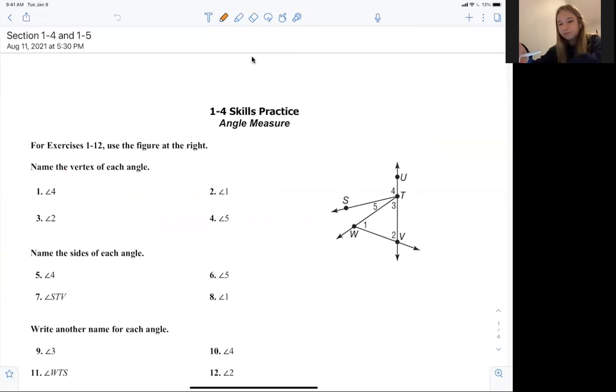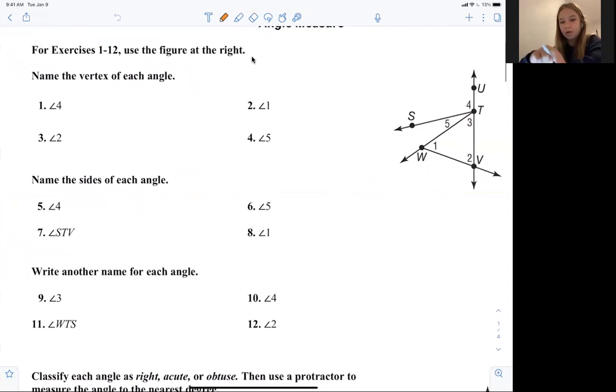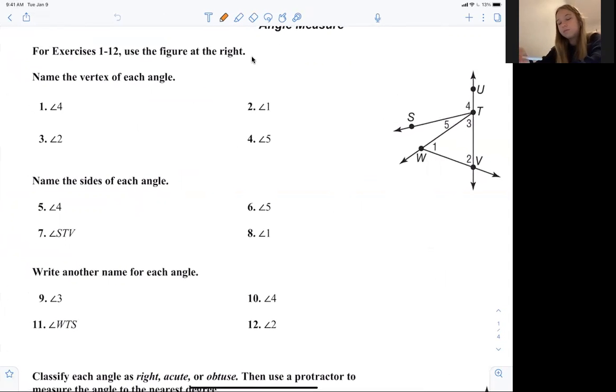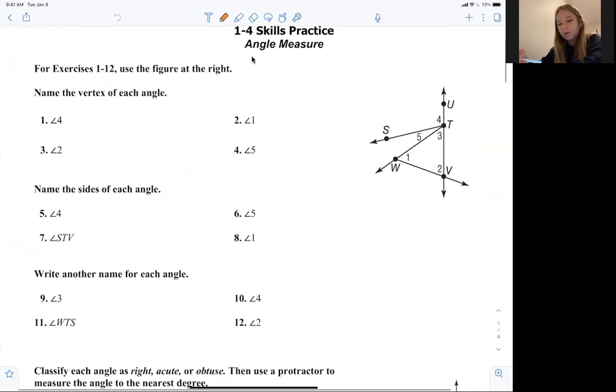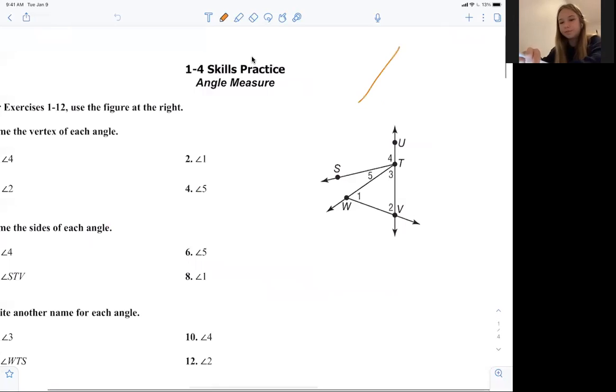All right, 2 more sections because they're super easy. Now, name the vertex of angle 4. So let's first describe, everybody knows what an angle is. This point right here, where the 2 rays meet, is called the vertex.